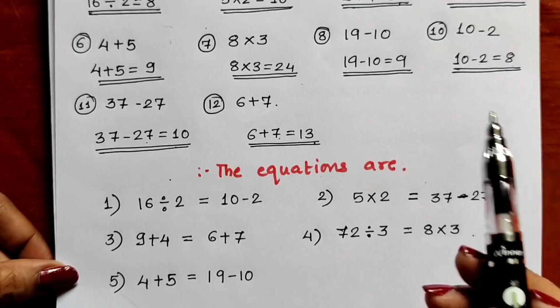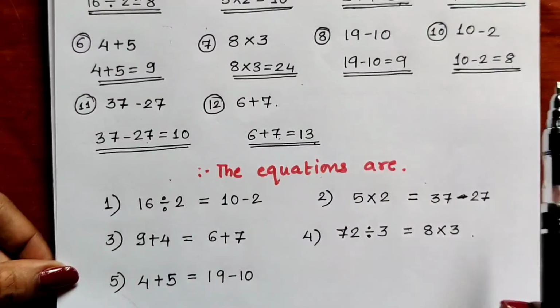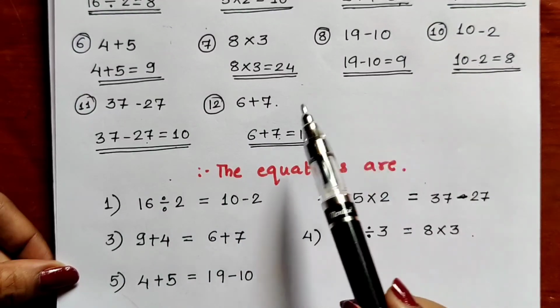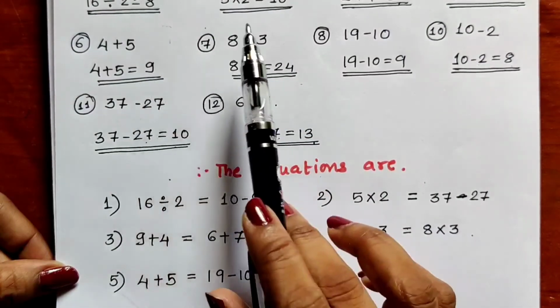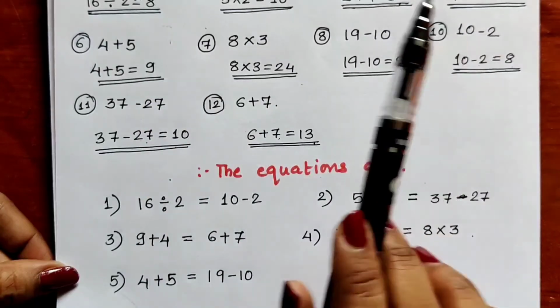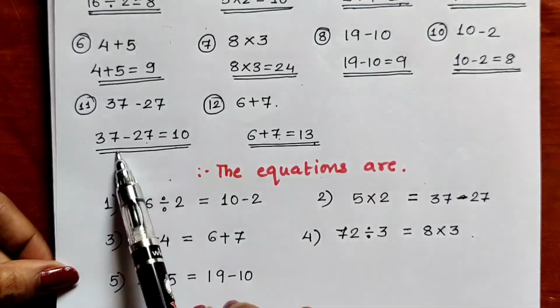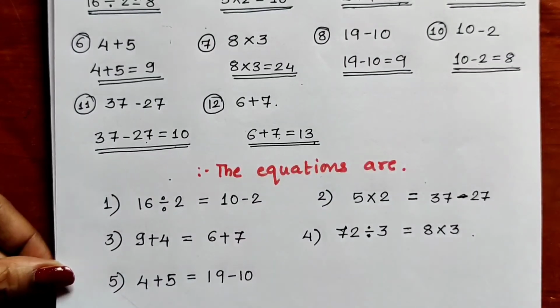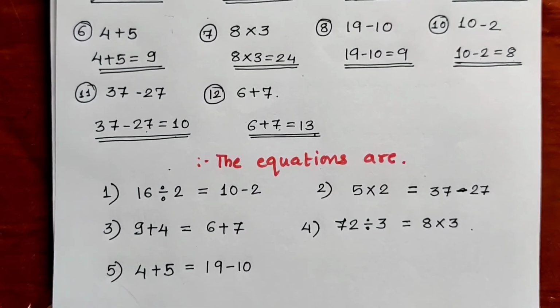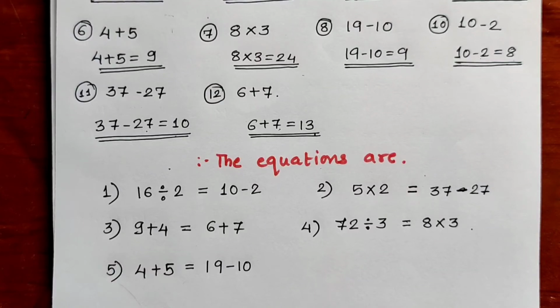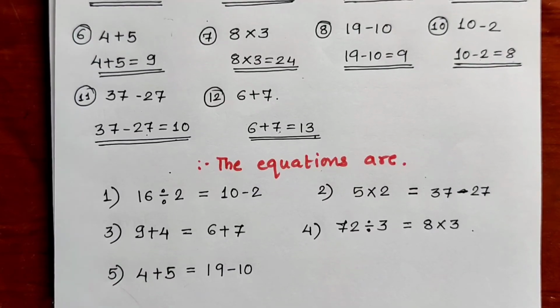Now what is remaining? Have we written all the equations? See, 8 8, then 9 9, then 10 10, 13 13. So in this way we have written all these equations from these operations. I think one more equation is remaining, or not?